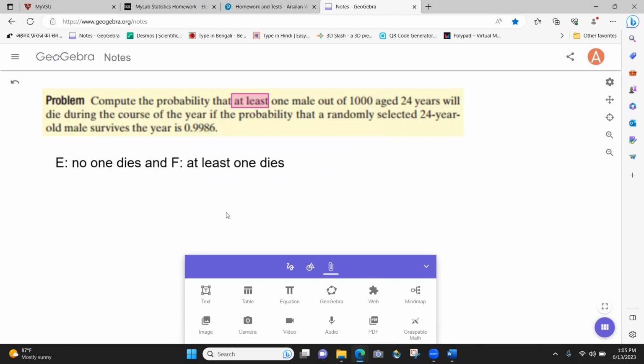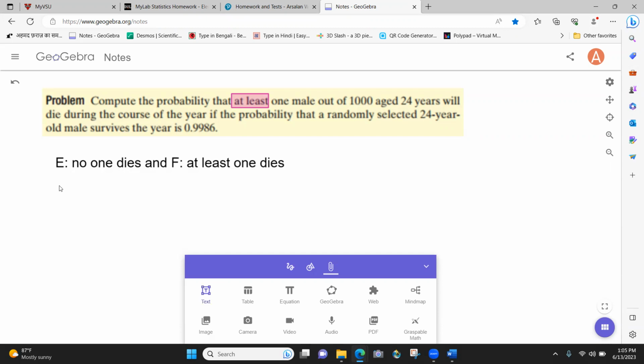If you take all the population, you have no one dies and at least one dies. These two divide your sample space into two parts, and those are the two possible cases: at least one dies or no one dies. E and F are complementary.